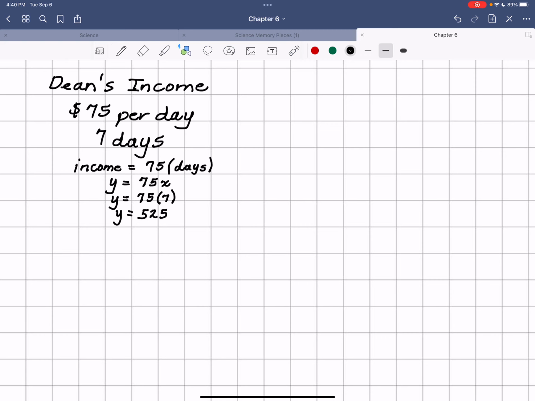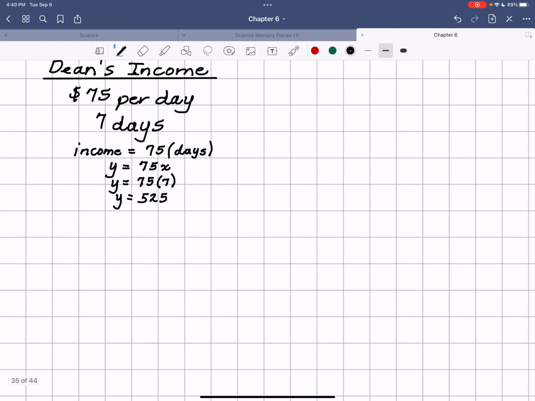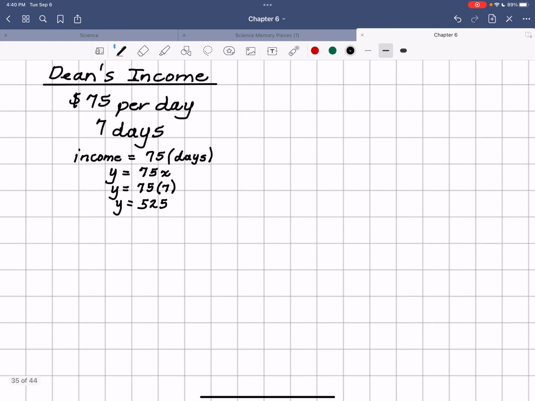Now, another thing that I would really like to do here, and this comes from just doing enough of these problems, it comes from experience. I want to calculate Dean's unit rate. We've got it already. $75 per day.